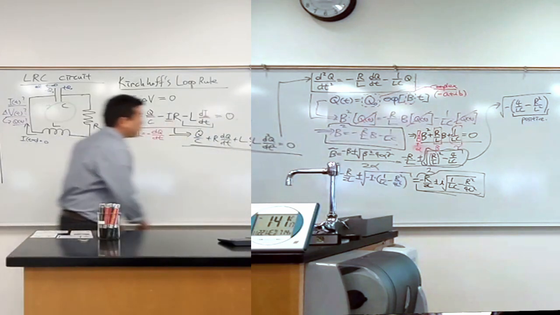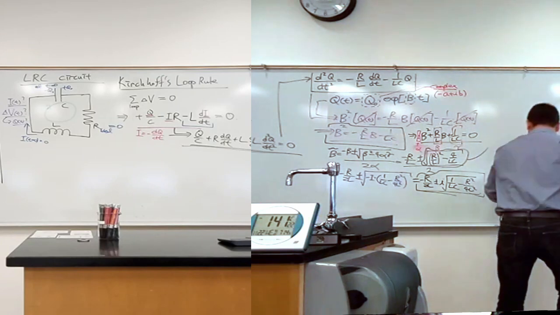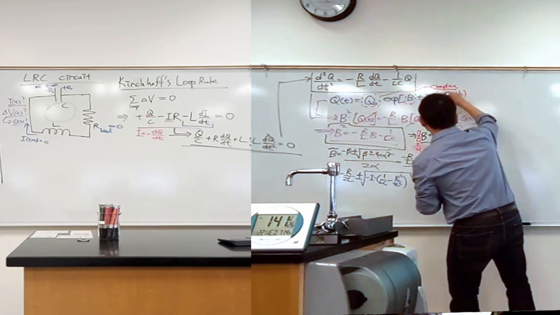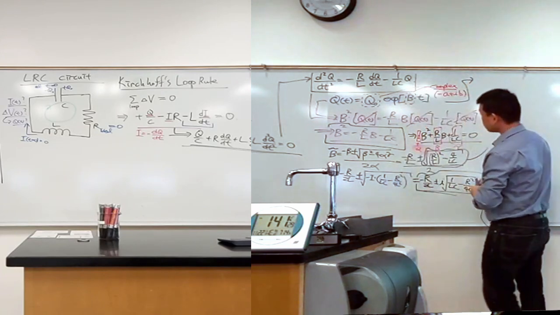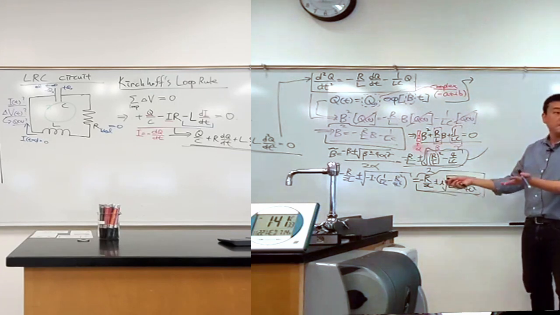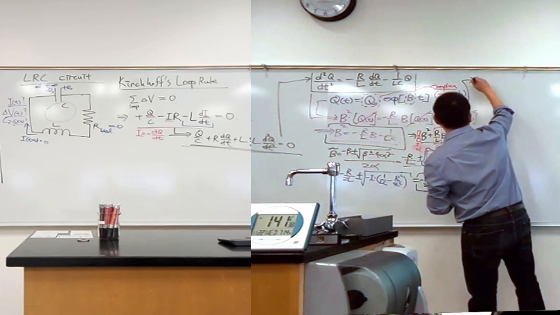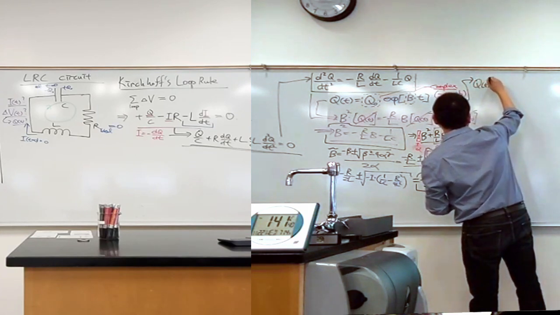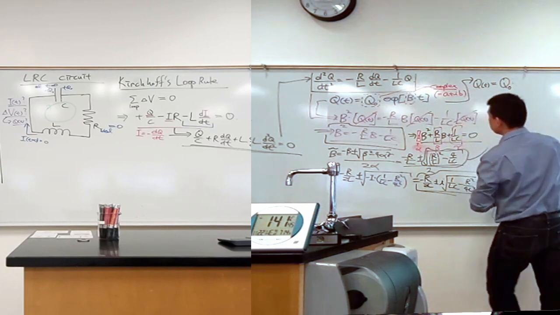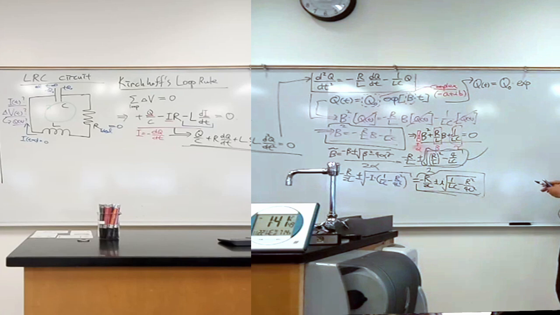So with the complex exponent here, this is what our guess ends up being. With the complex B that I'm going to plug in and then factor things out to simplify it a little bit, it's going to look like this. So charge as a function of time is equal to some initial charge Q naught times exponential of all of this.